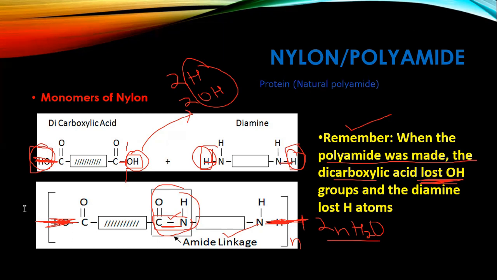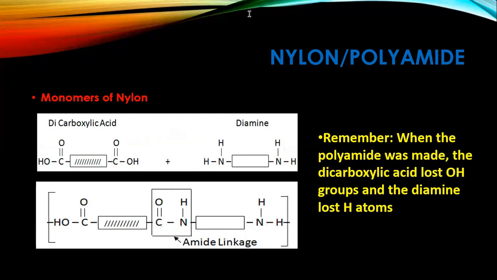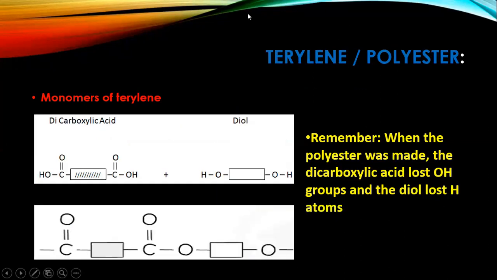Let's move towards some other examples of condensation polymers, the man-made condensation polymers. Another important synthetic condensation polymer is terylene, which is a polyester. Poly means many.